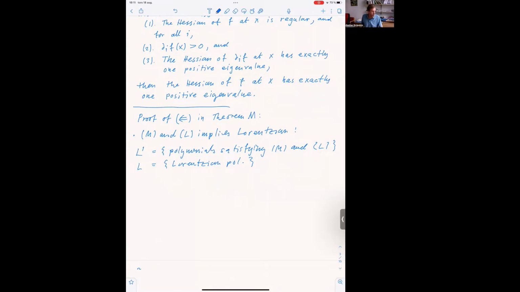So we're talking about homogeneous polynomials with non-negative coefficients.